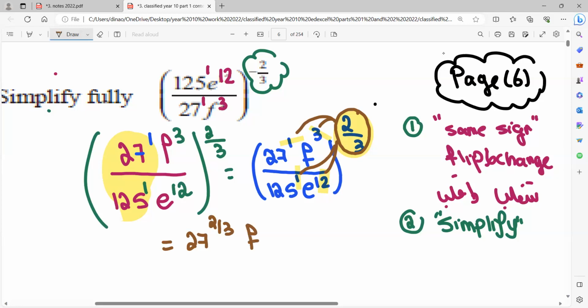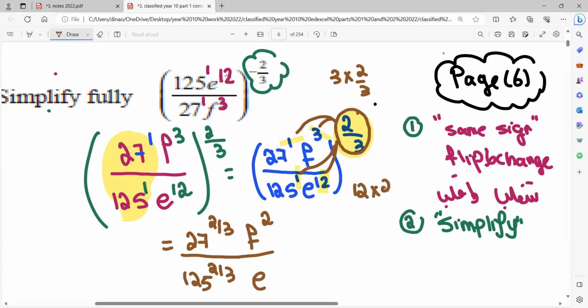F to the power of 3 times 2 over 3, which is 2, over 125 to the power of 2 على 3, مش 125 times 2 على 3. And then, as for the E, you multiply the power of the E times 2 over 3. So 12 times 2 over 3, which is 8.